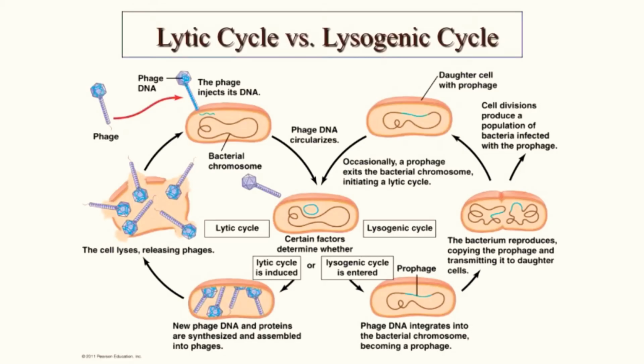The type of infection that COVID-19 causes is a lysogenic infection, because it takes 14 days for the virus to be known by the symptoms.